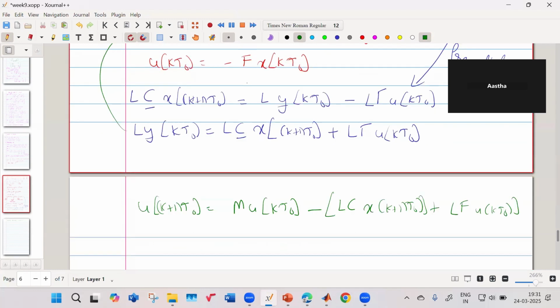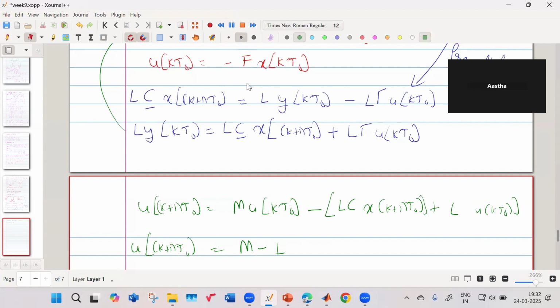So we get u of (k+1)T0 is equal to M minus L gamma, this actually is gamma, times u of kT0, minus LC x of (k+1)T0.